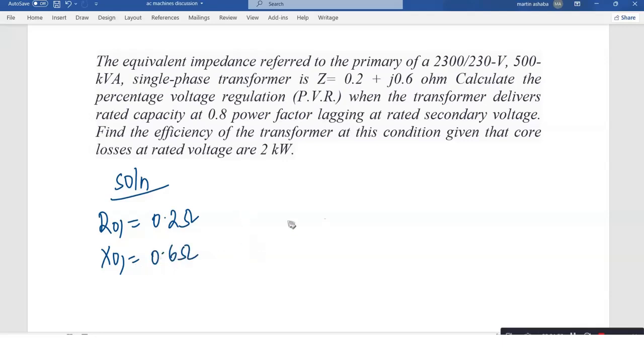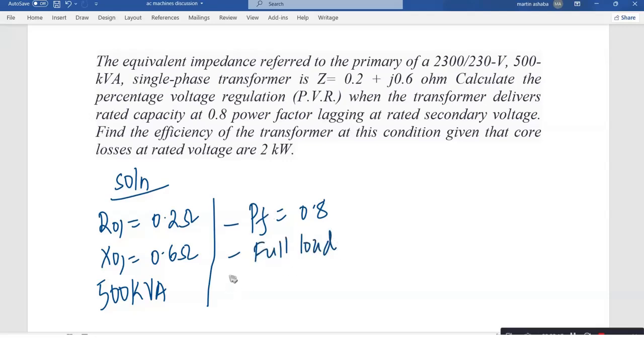What is the rating of the transformer? The rating is 500 kVA. Then what else do we have? We are also provided that the power factor is 0.8, and we are supposed to analyze this problem at full load.